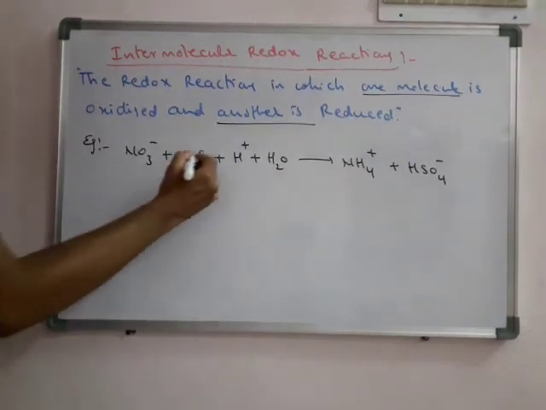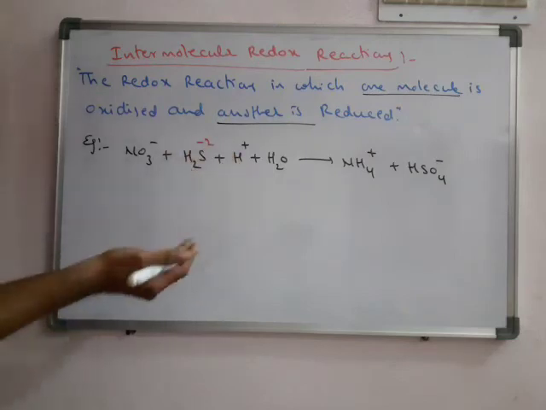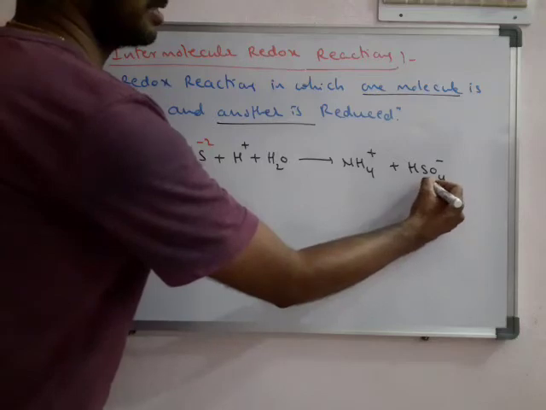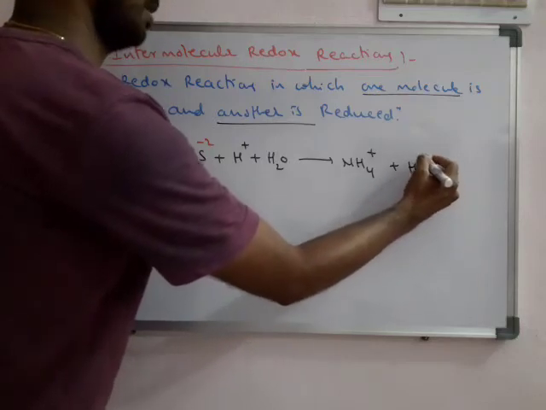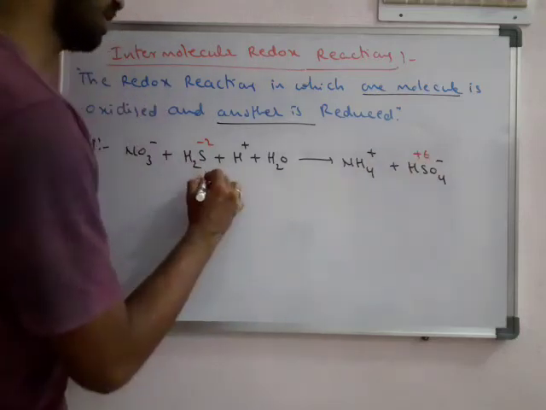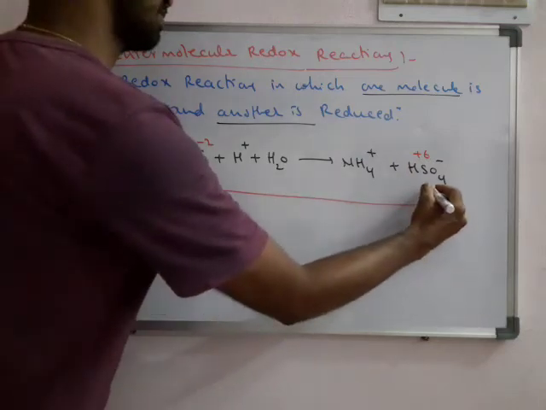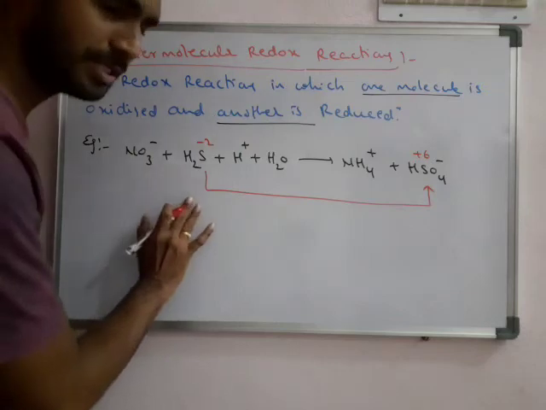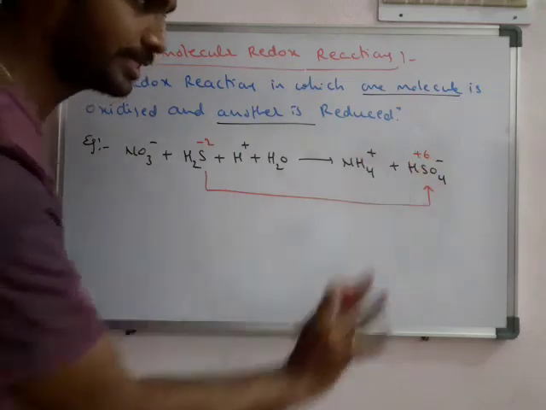What is the sulfur oxidation number here? S is minus 2. What is the sulfur oxidation number in HSO4 minus? It is plus 6. So sulfur goes from minus 2 to plus 6, which is oxidized. Means H2S is oxidized to HSO4 minus.